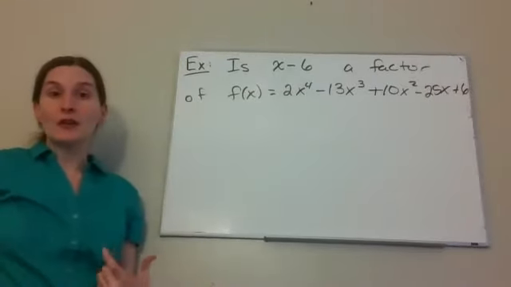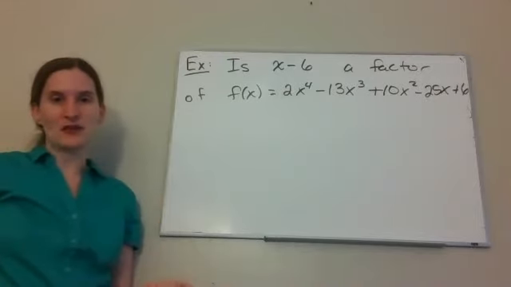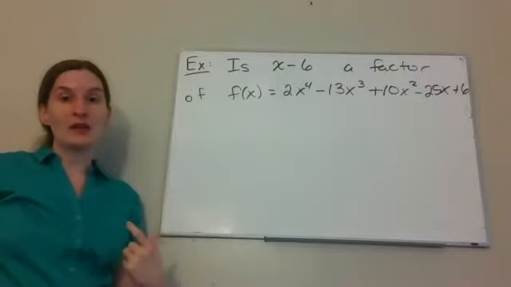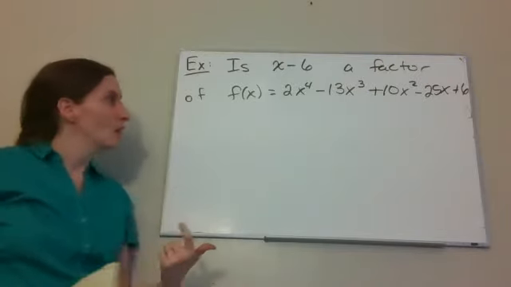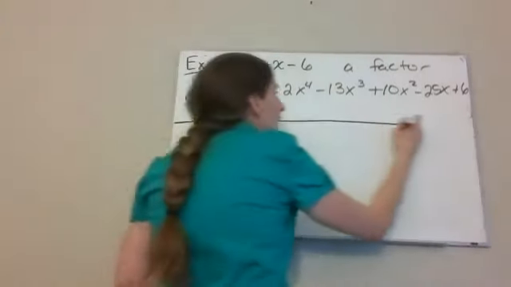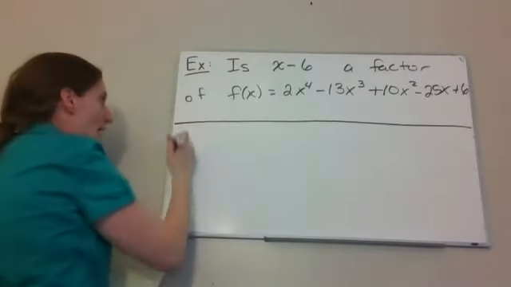Well, my factor theorem says that if x minus 6 is a factor of this polynomial, then f of 6 is going to be 0. So what I can do is just evaluate f of 6. If I get 0, then I know that this is a factor.